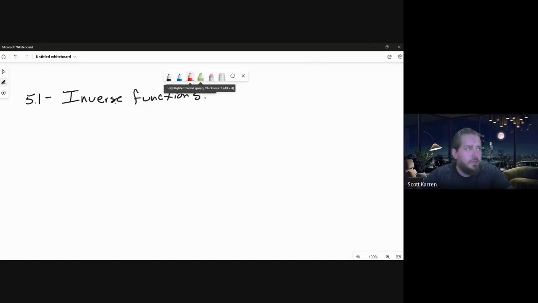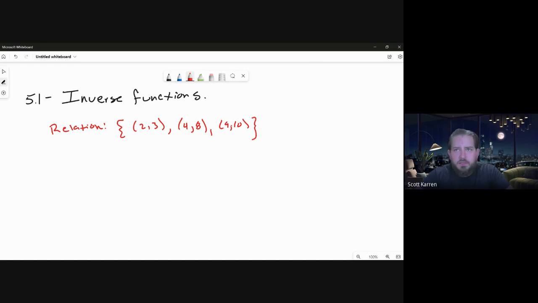Remember that a relation could be something as simple as just a set of x and y coordinates, something like (2, 3), (4, 8), (9, 10). There doesn't have to be any rhyme or reason in it. This is a relation. It happens to also be a function, simply because each individual input, such as 2, 4, or 9, goes to only one output. And that's what makes it a function as well.